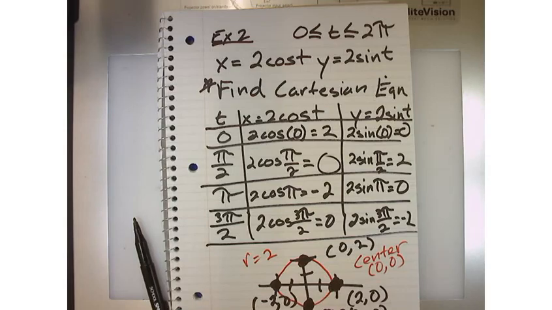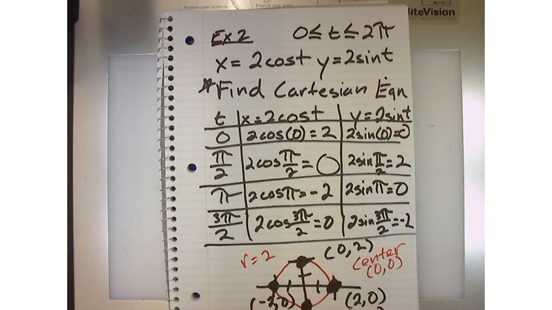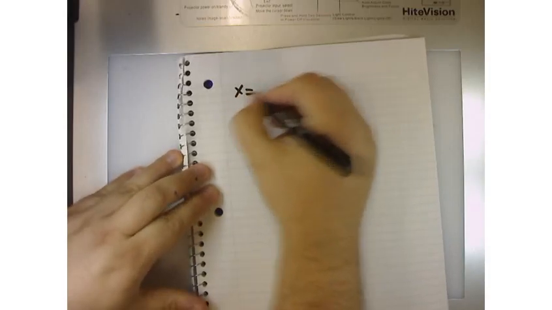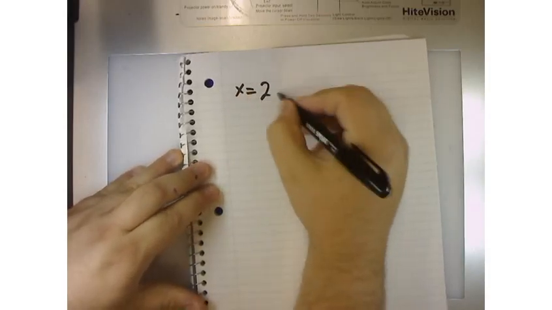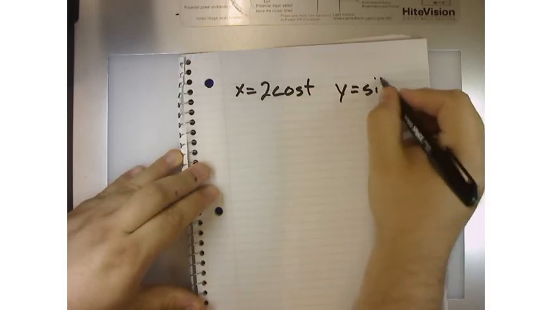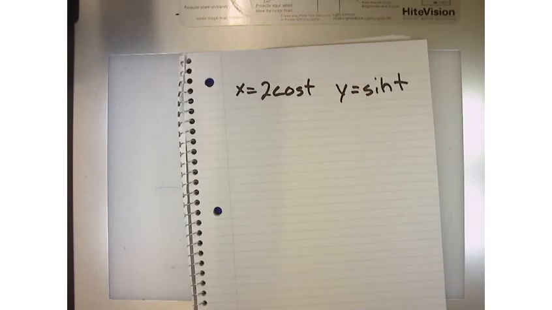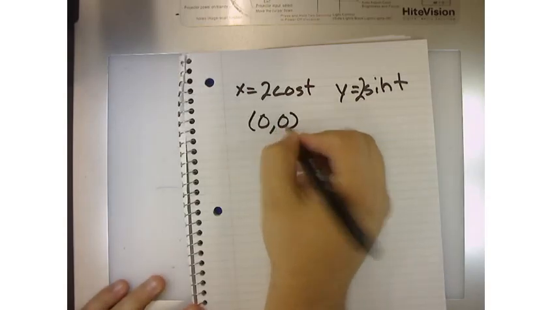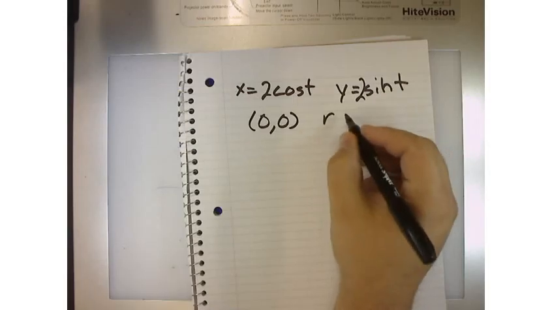Okay? All right. Now let's write the Cartesian equation. Again, let's remember what we're trying to do. We've got 2 cosine of t is x, and y is equal to 2 sine of t, almost forgot the 2. And we have some information that the center is 0, 0, and that the radius is equal to 2.